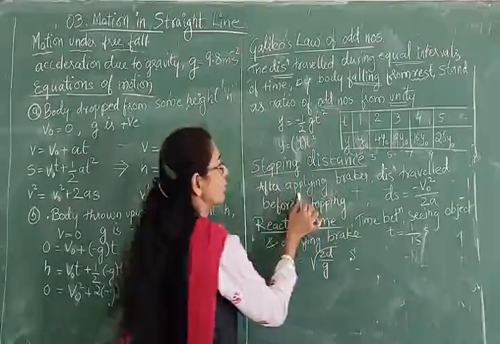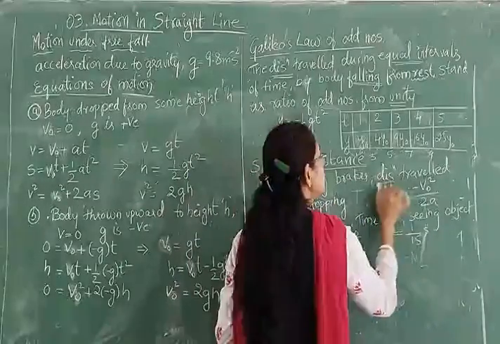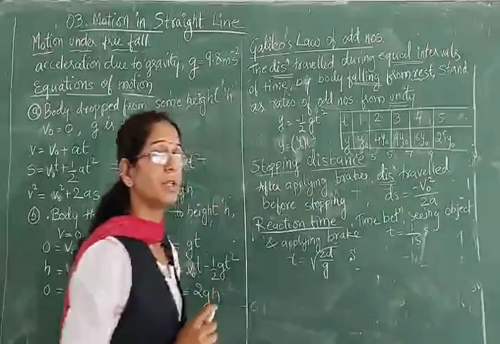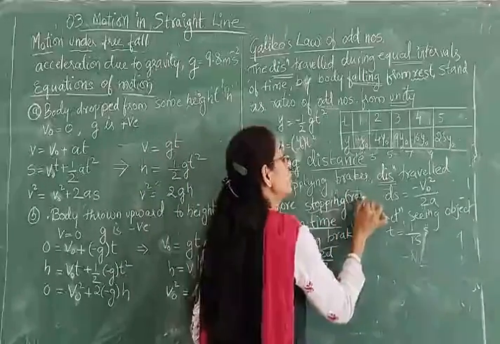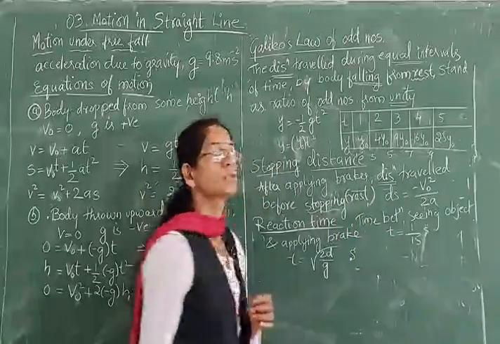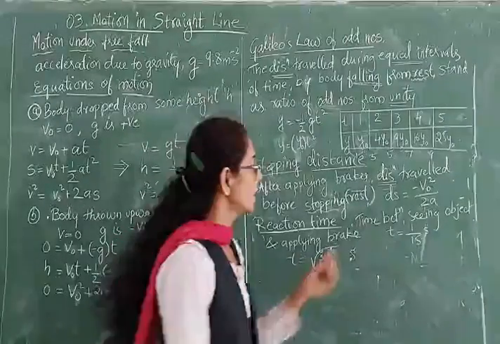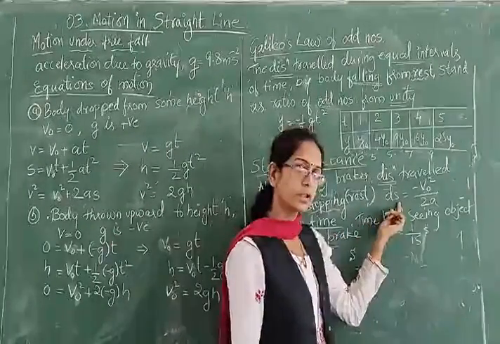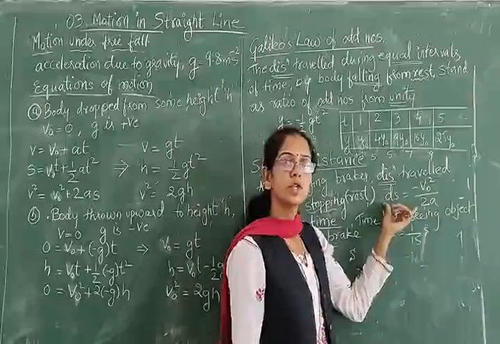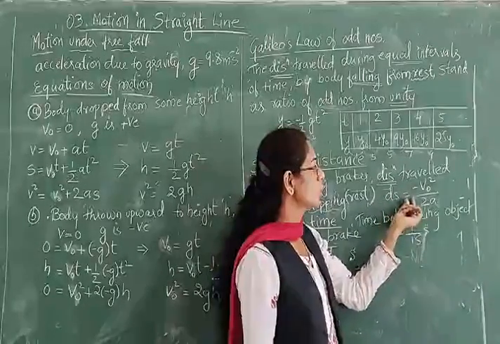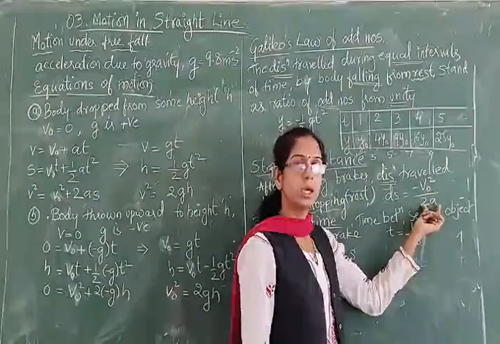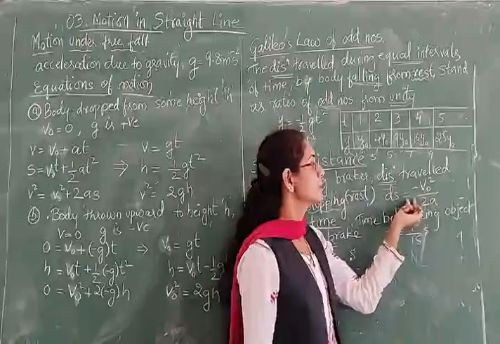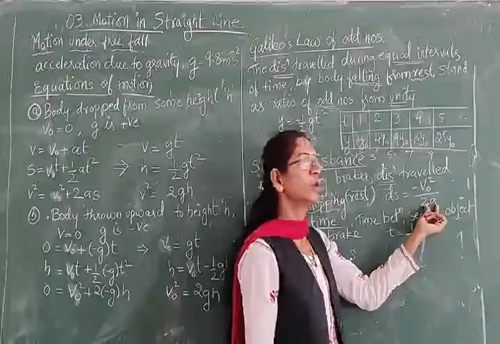So after applying the brakes, how much distance does the object travel before coming to rest? That distance is called the stopping distance. If ds is the notation for stopping distance, then the formula is ds is equal to minus v naught square upon 2a.